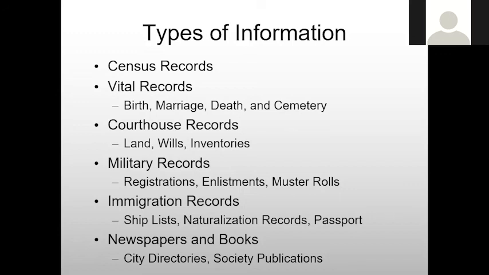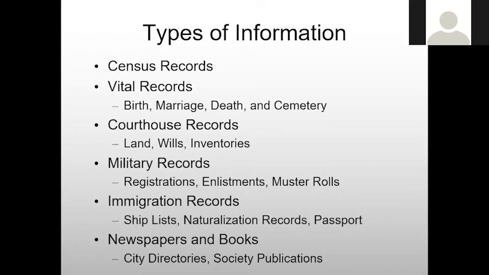So the current census that is available is the 1940 census. However, next year, the Privacy Act allows for the 1950 census to be open to the public. So there's going to be a huge influx of records onto the internet for the 1950 census records.